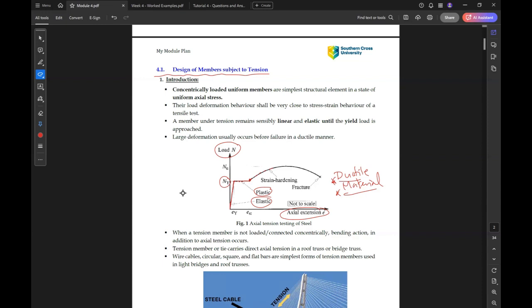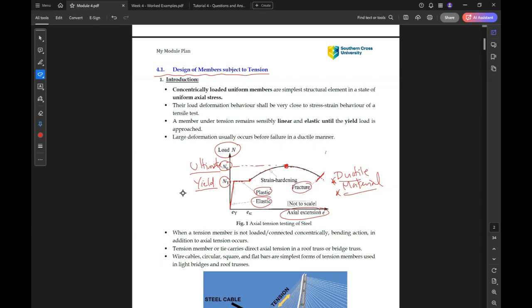The stress increases a little bit until we reach the maximum capacity or the ultimate load. So we have the yield point, the ultimate point, and after the ultimate, the steel starts to fracture, so the load starts to drop until it fractures at the final point.